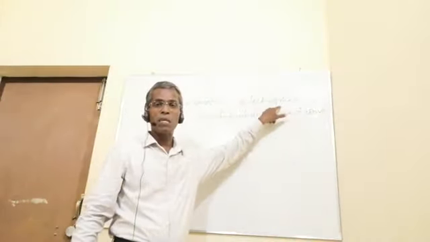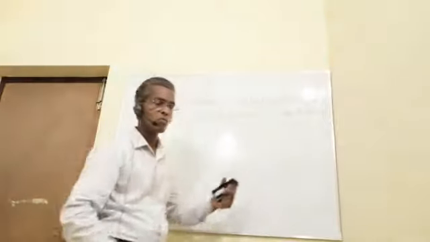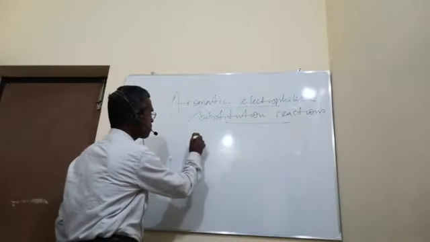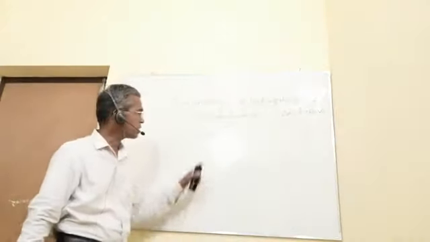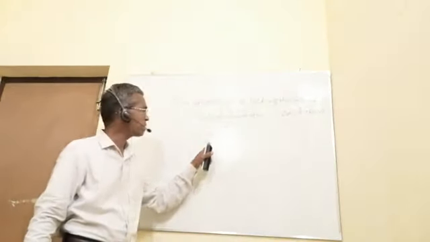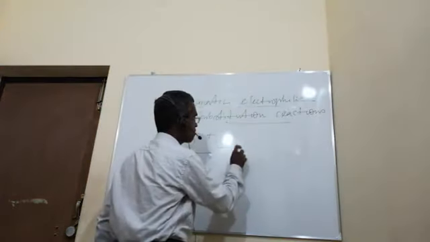Electrophile, we have 2 different types of attacking agents. One is electrophile, another one is nucleophile. We know very well, an electrophile is nothing but a species that carries the attacking agent when it carries positive charge. This is called electrophile.